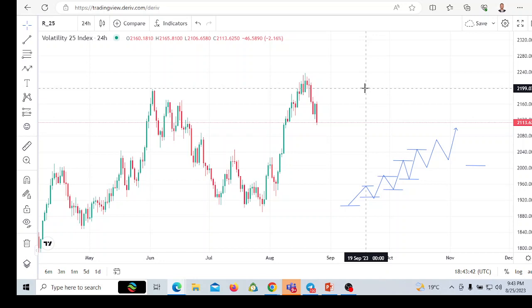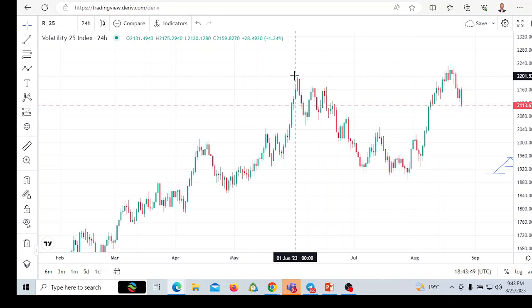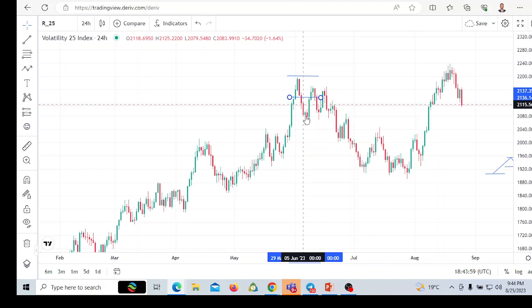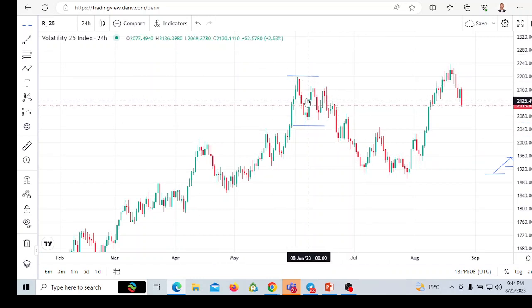But now for the range, we will focus on the wicks. So from here, for example, this is a range in a downtrend market, to here, that's one. To this final wick, that's a range. Okay, that's just an example.